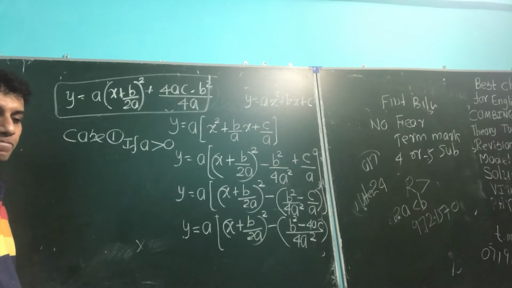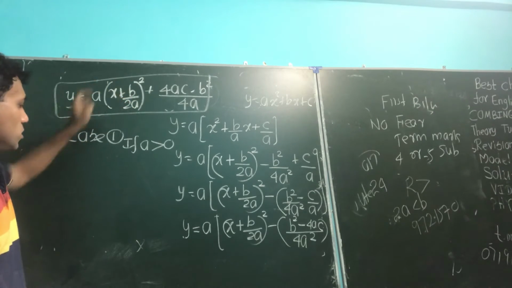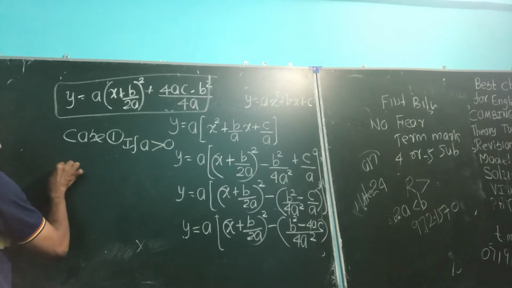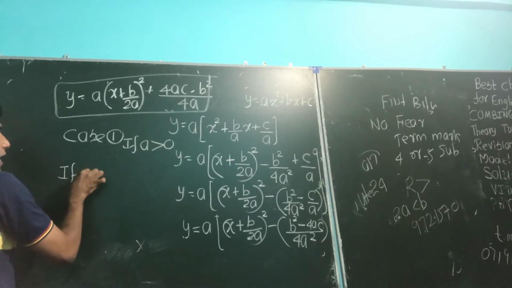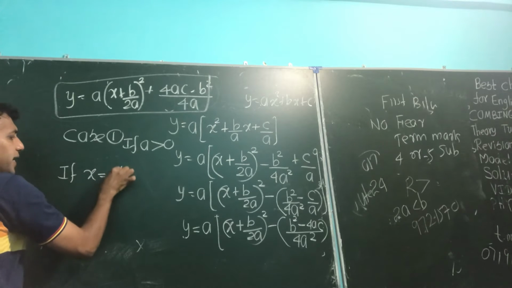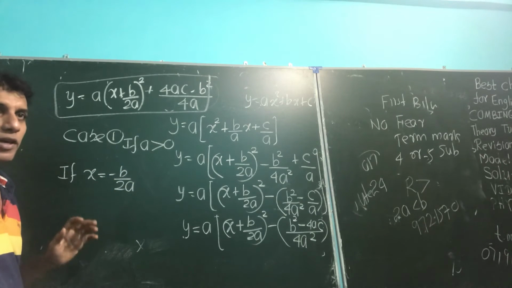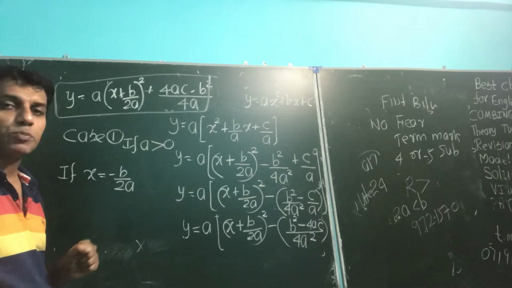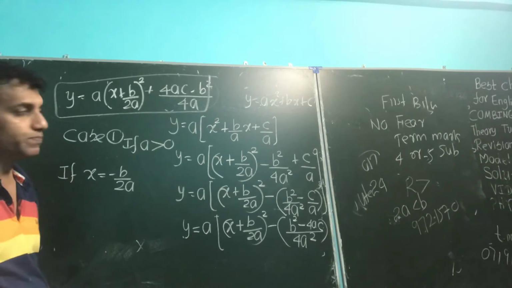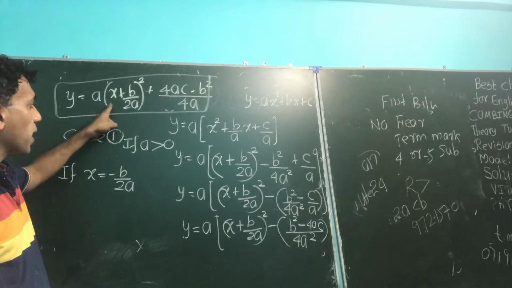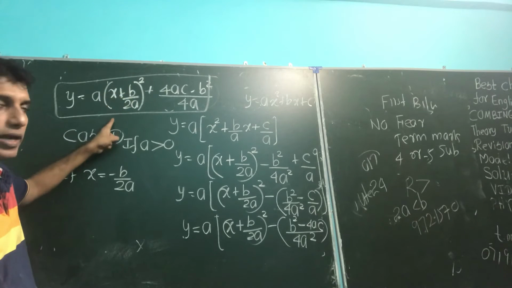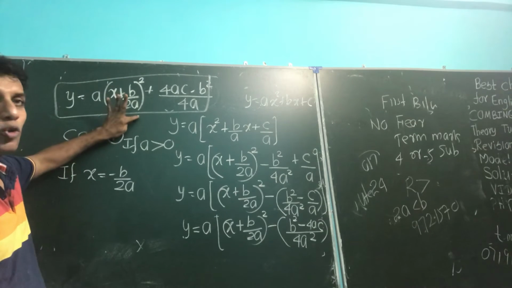See here, if x equals minus b over 2a, what happened? If you put x for minus b over 2a, here plus b over 2a, no?